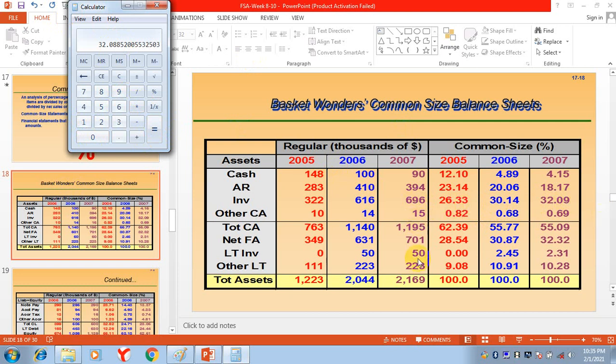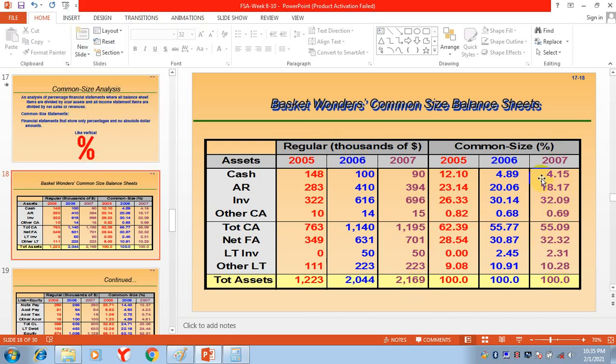In this way, 15 divided by total, 1195 divided by total, 701 divided by total, 50 divided by total, 223 divided by total. So we will get the common size percentages.